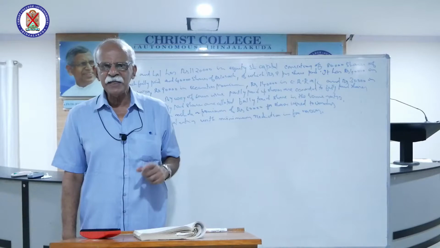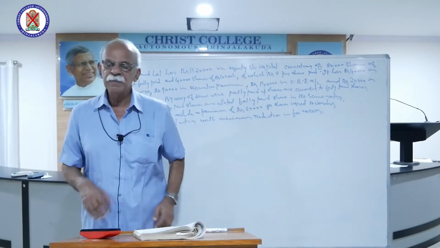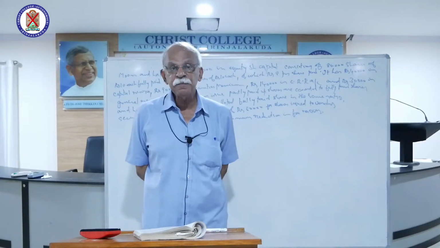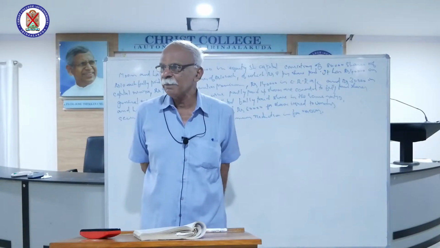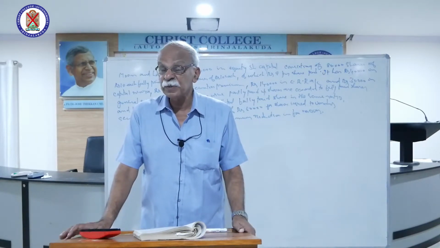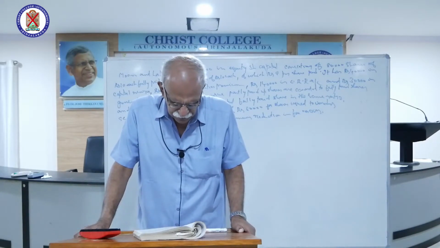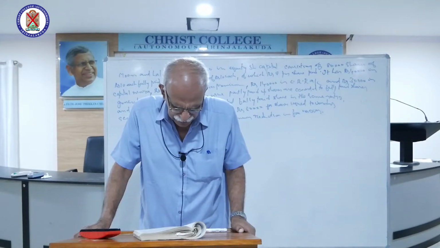When I explained the theory, I told you that before issuing fully paid bonus shares, if there are partly paid shares, they have to be first converted to fully paid. There should be minimum reduction in free reserves, that is given.